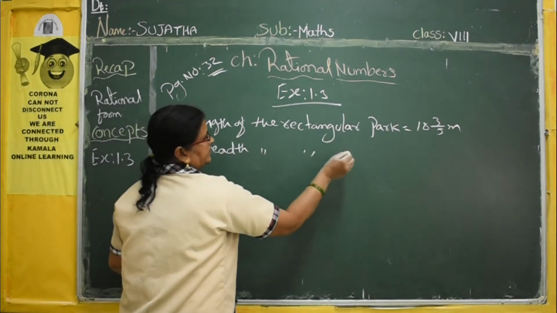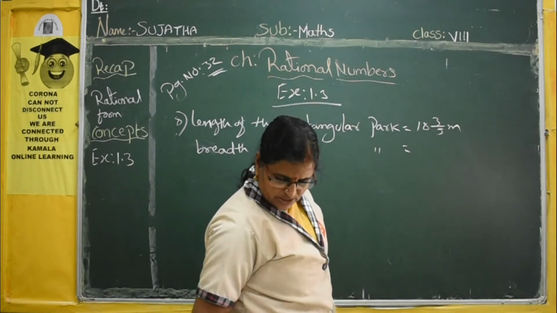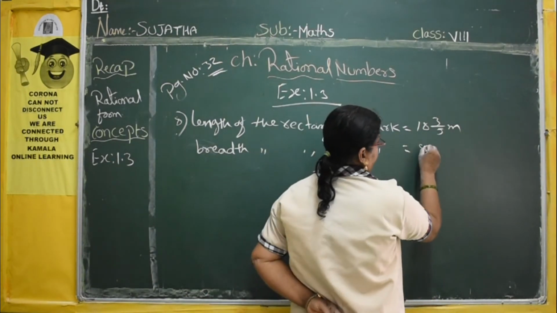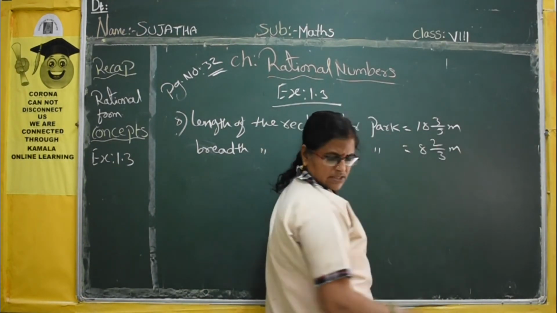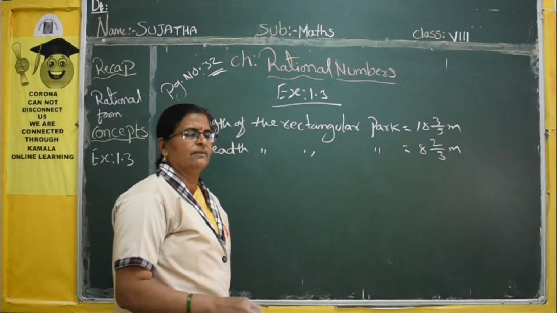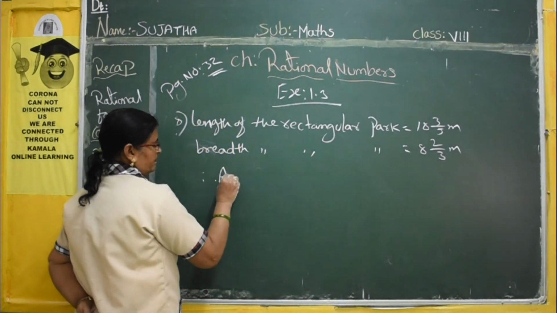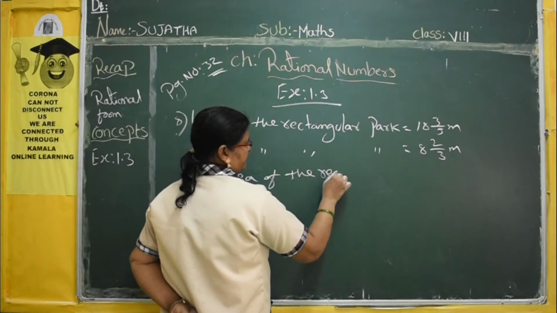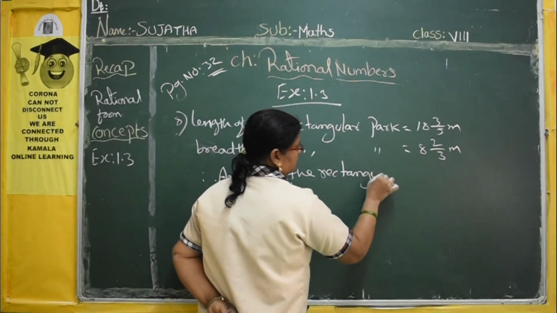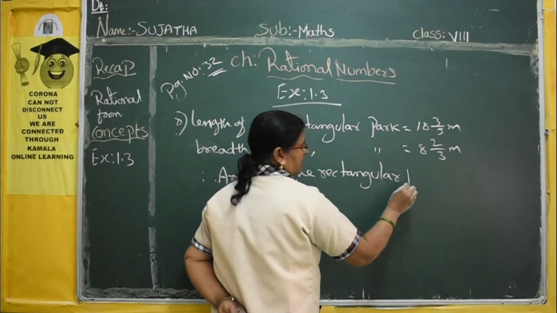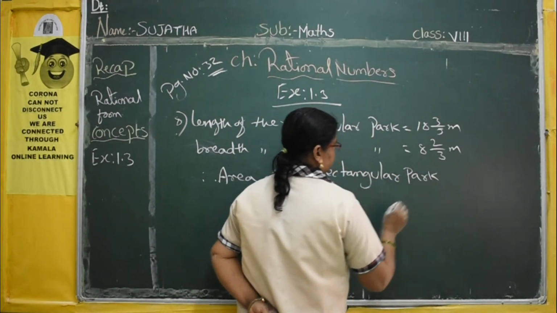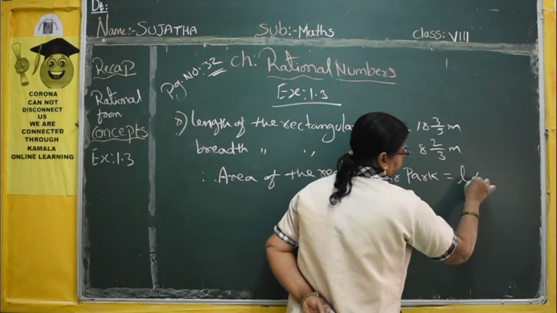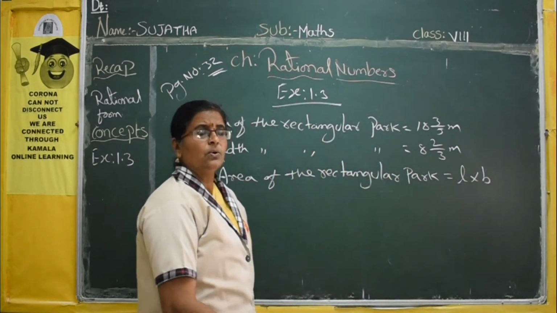Breadth of the rectangular part is equal to how much? 8 2 by 3 meters. Then what do you have to find? Area of the rectangle. Therefore, area of the rectangular part is equal to length into breadth.